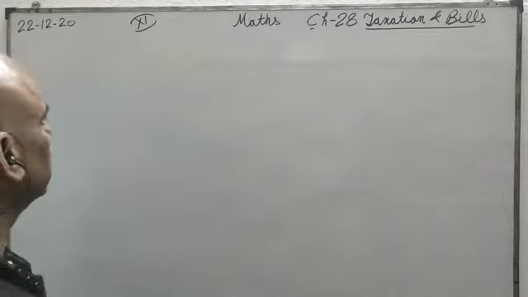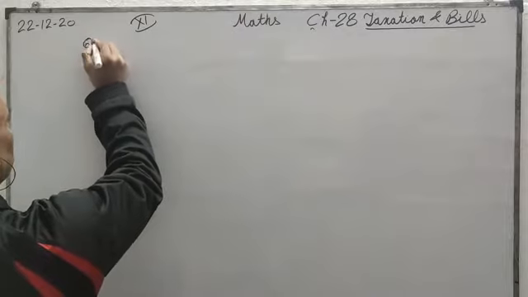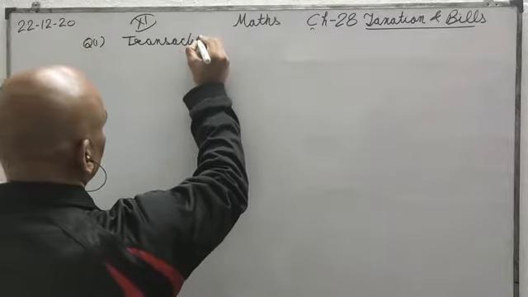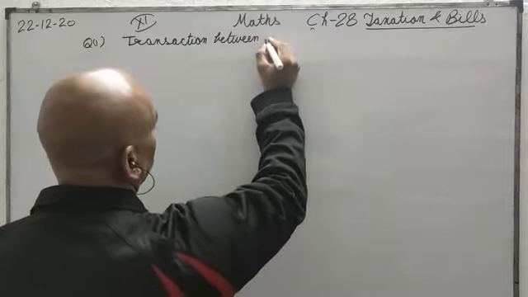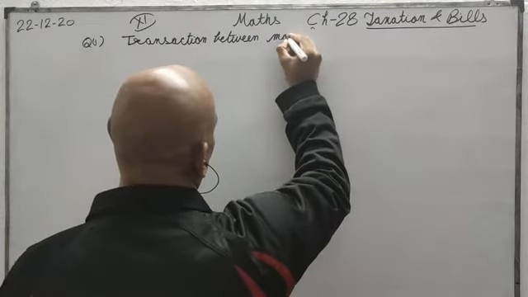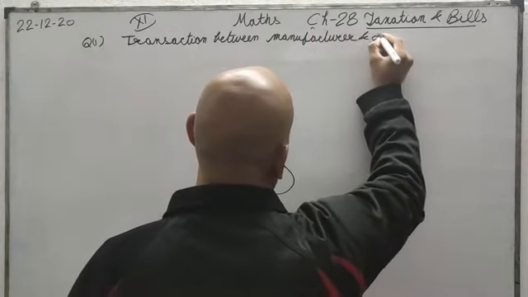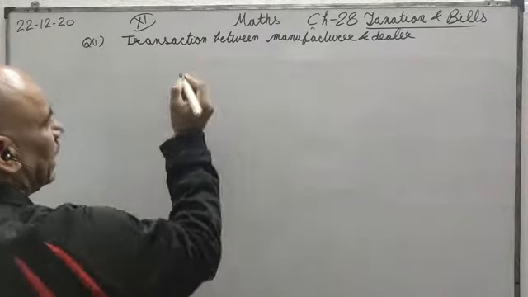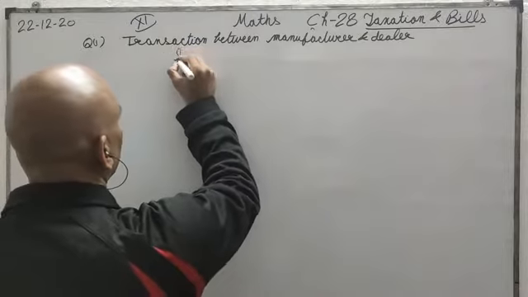There are two transactions in this question. First is the transaction between manufacturer and dealer, the selling price of the refrigerator by the manufacturer to the dealer.